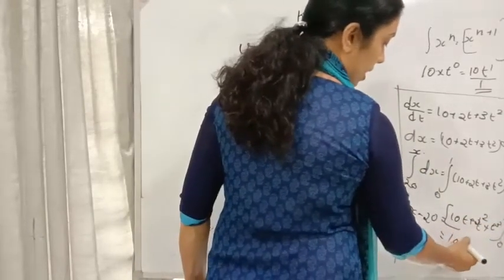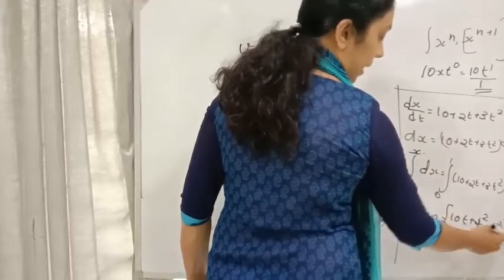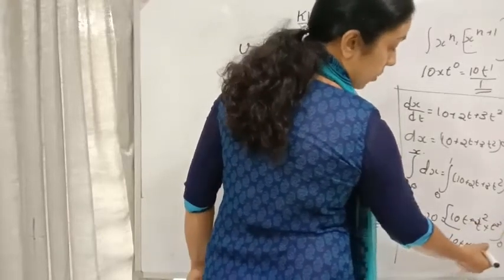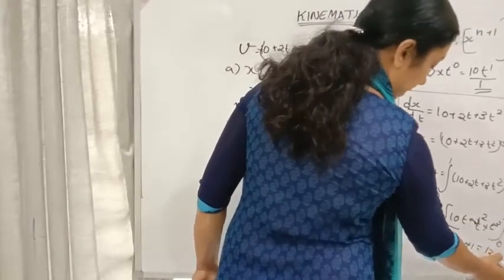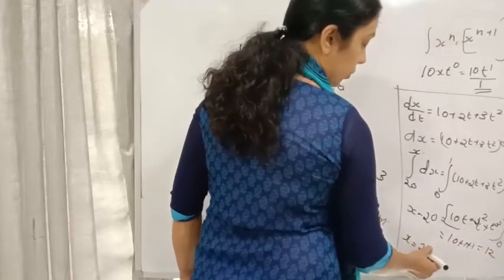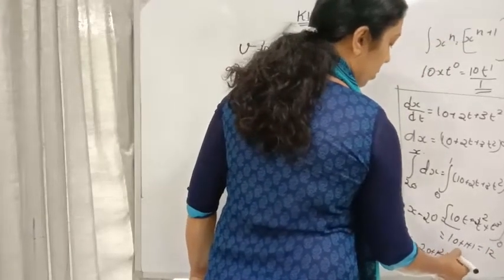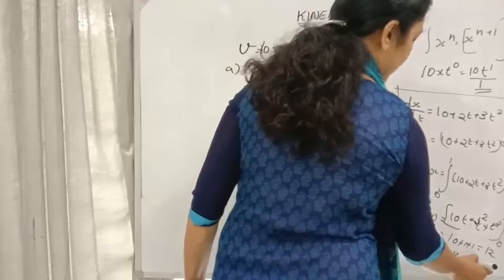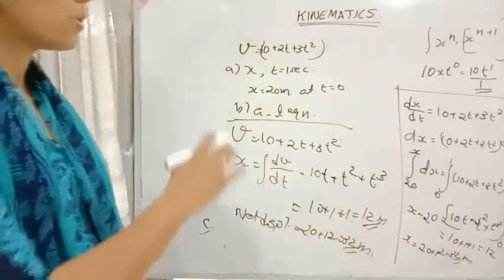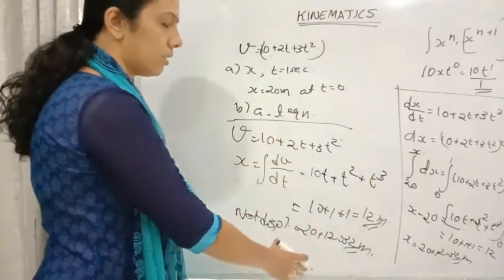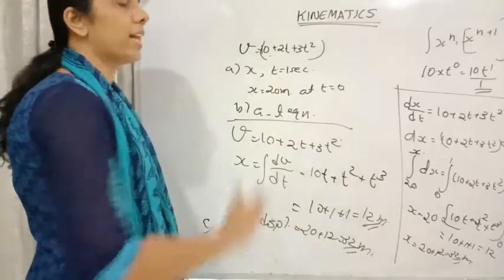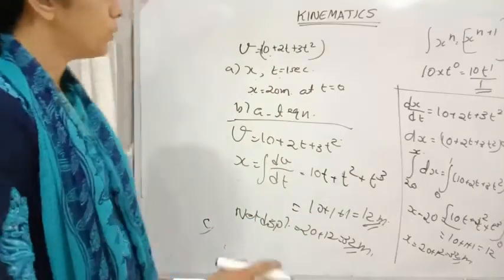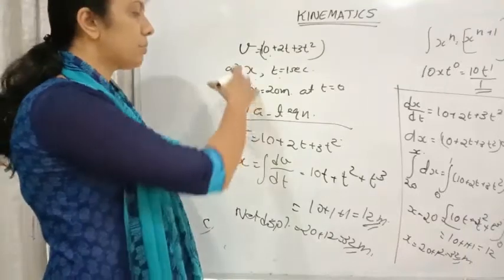So 10 plus 1 plus 1 minus 0, so here it is 12. Therefore x will be 20 plus 12, that is equal to 32 meters. Clear, children, how to find it? So at a stretch, without thinking this much, you will directly get the answer. So we can apply the integration part over here.